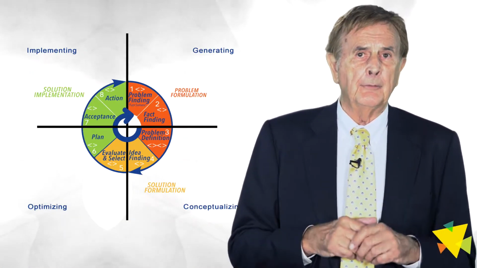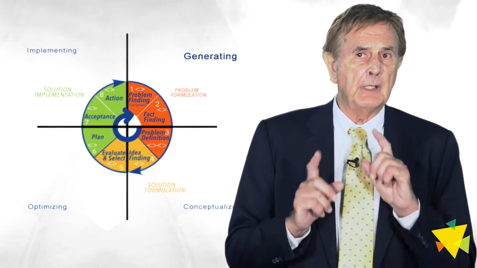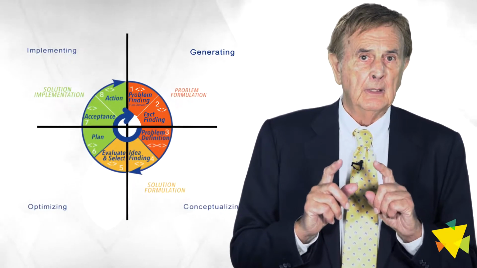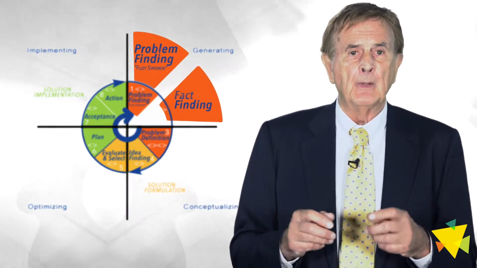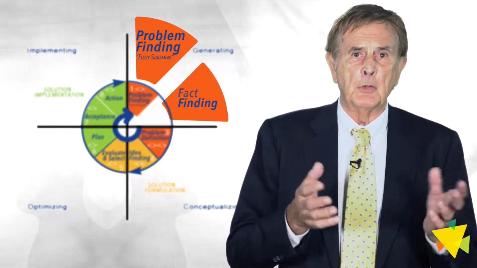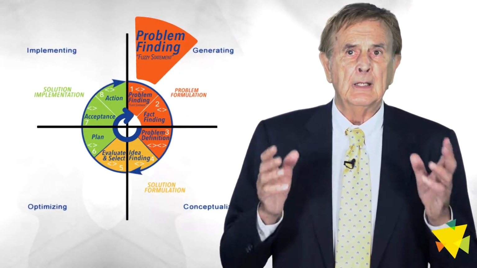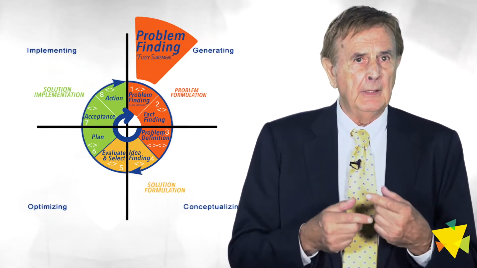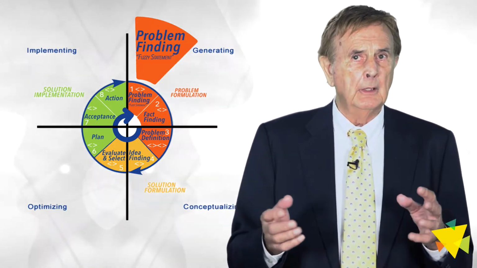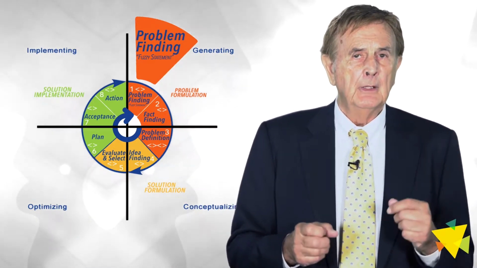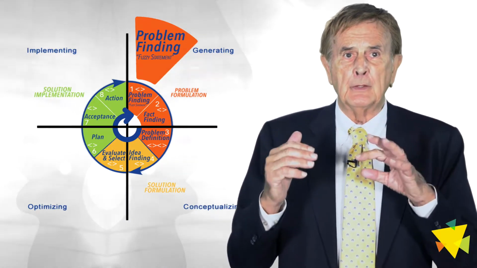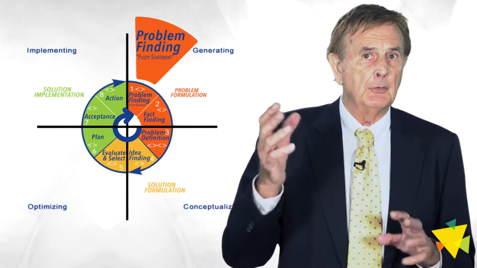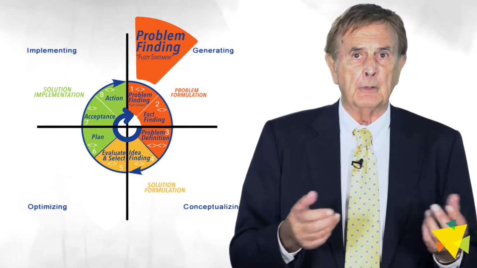Now, the first stage is called generating, and it's made up of 2 steps. One is called problem finding, and the second was called fact finding. Now, problem finding is, there's an old saying by Woody Allen saying, 80% of anything is just showing up. Problem finding is being aware of where you are, what's happening around you, seeing that almost everything might be relevant, and looking for possible problems and challenges that might be useful to bring into your life or into your company.